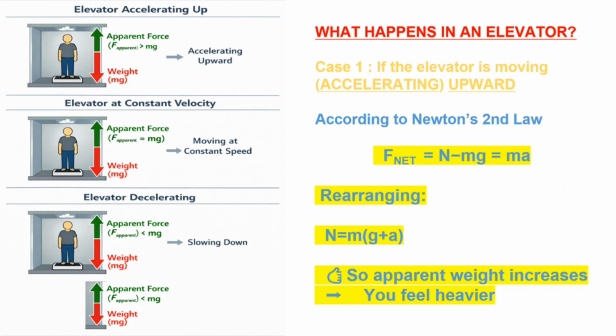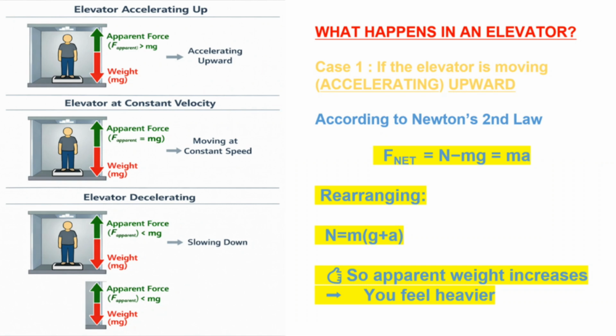So the floor has to push you harder. And according to Newton's second law, the net force in upward direction is equal to the difference of the two forces acting on the person. One is the normal force which is acting in upward direction and other is his weight in downward direction.